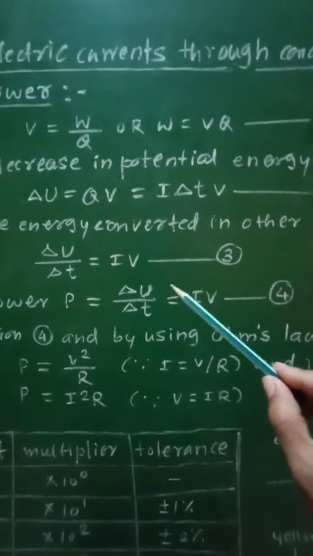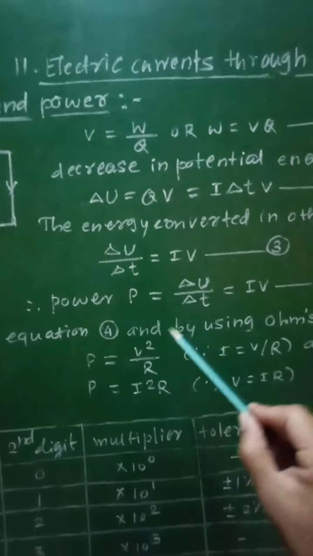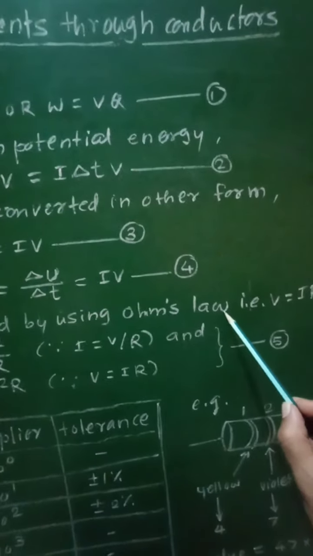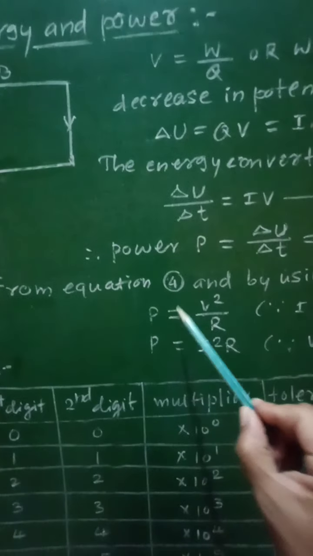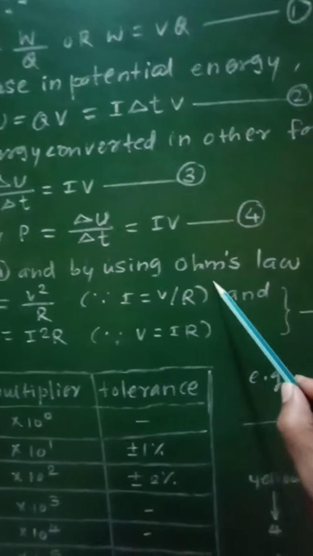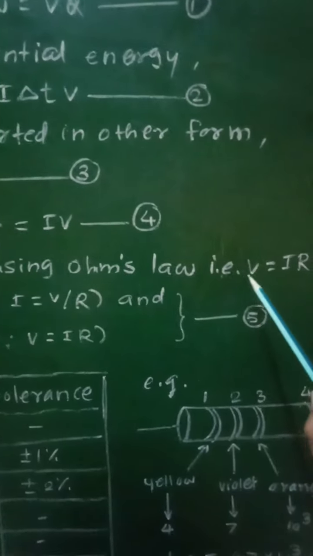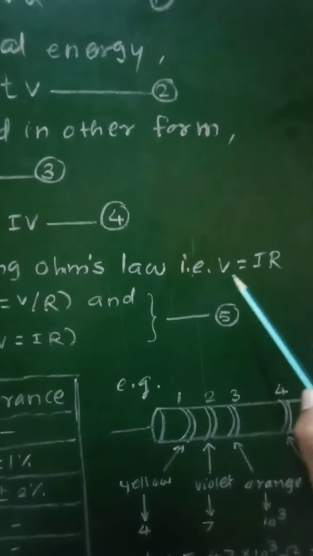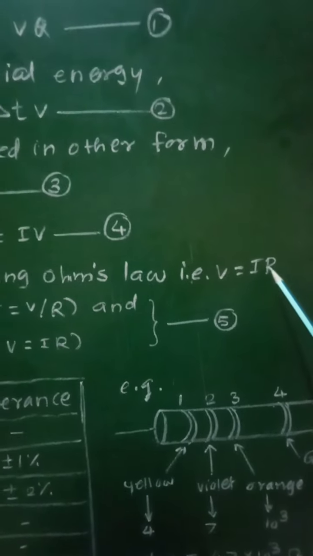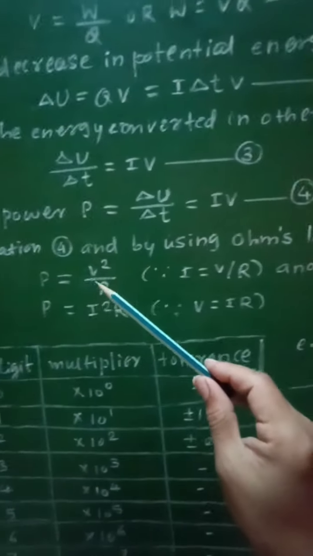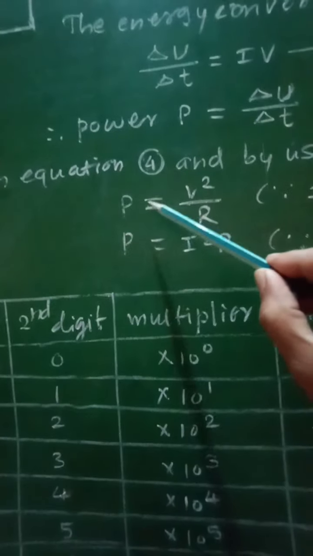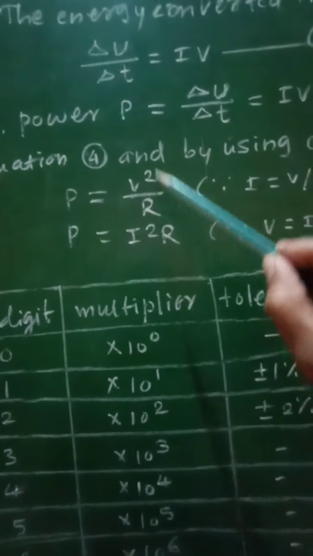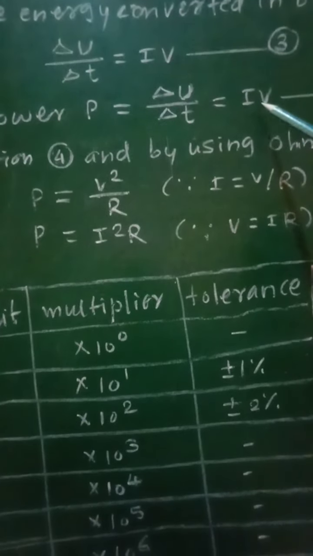Now from equation 4, and by using Ohm's law, that is phi equal to IR, or I equal to phi by R, we can write equation 4 as P equal to phi square by R, because P is equal to I into phi.